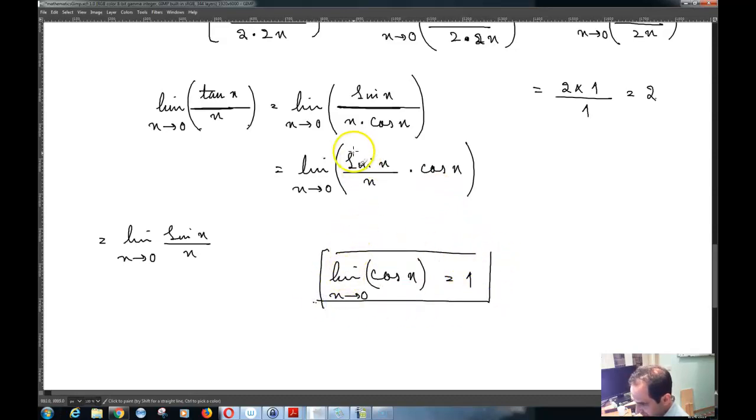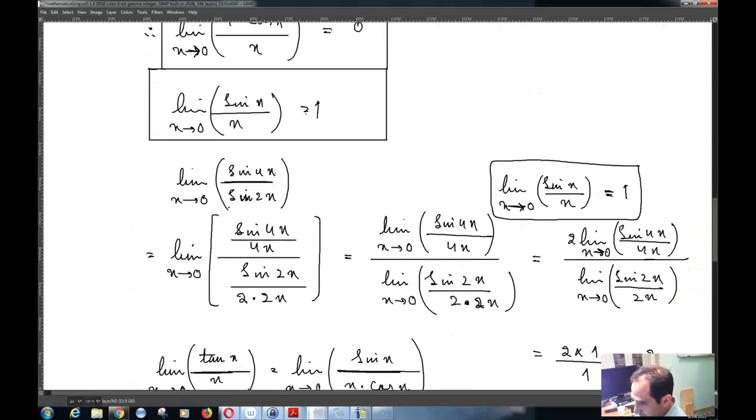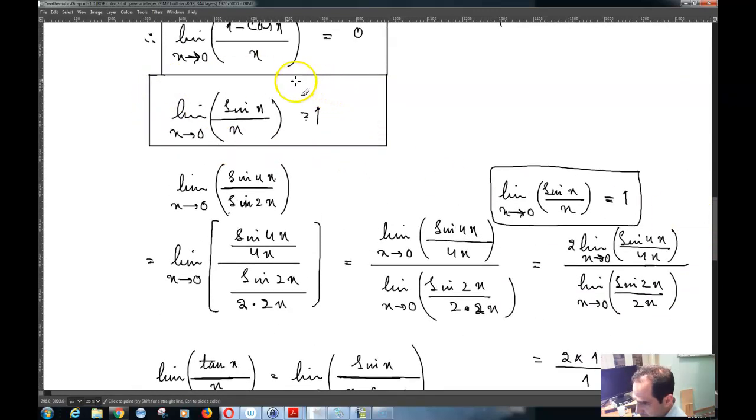But when you have, for example, the limit of cos x by x when x tends to 0, you can see that the variable is also in the denominator, and x tending to 0 in the denominator makes things impossible for taking the limit.